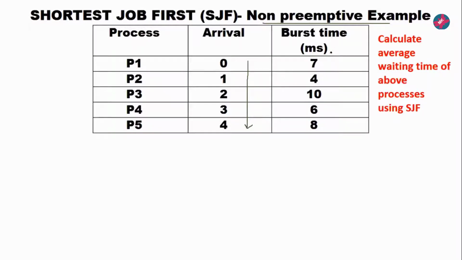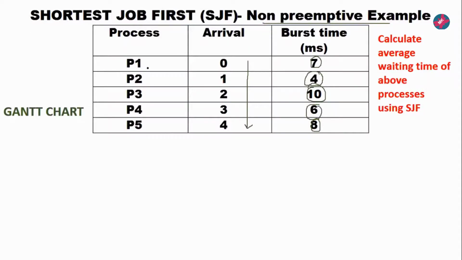And observe the burst time. P2 seems to be the process with the smallest CPU burst. Second is P4, third is P1, then P5, and then P3. First, as I have told you, we will create the Gantt chart.